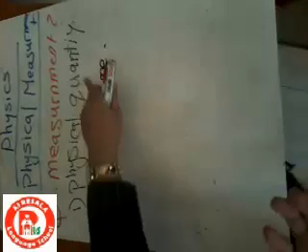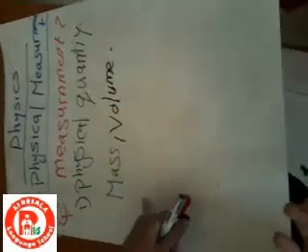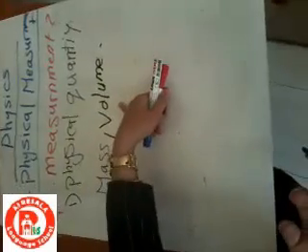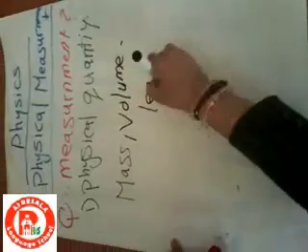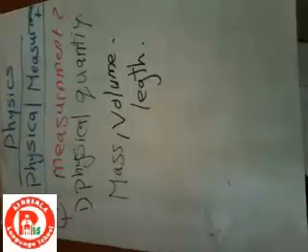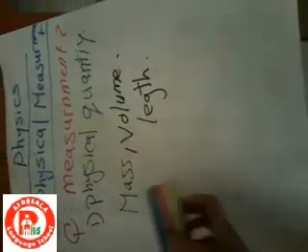So when I want to measure something, I need to express this thing by a physical quantity. I will measure the mass of an object, or the volume of an object, or, for example, the length of an object. So this is one of the necessary elements or factors of measurement.